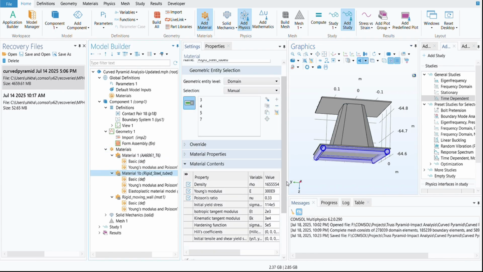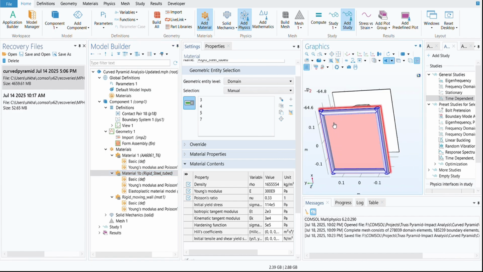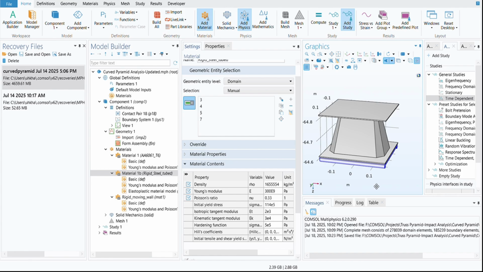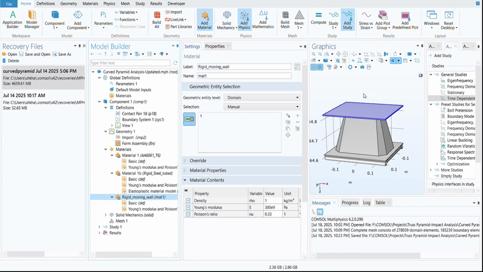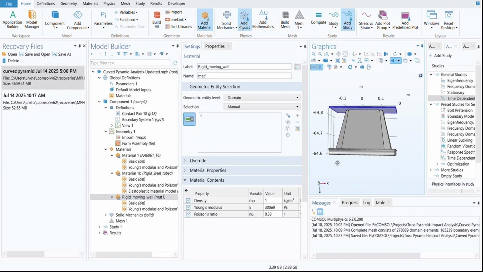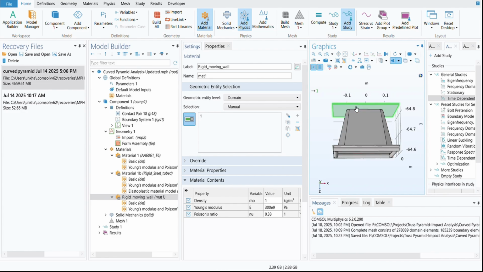For the rigid tubes, 4 rigid tubes are at the base, and this is their material properties. You can see it's an elastoplastic material, rigid base, and this is our moving wall which will produce an impact on this pyramid, with this Young's modulus, Poisson's ratio and density.